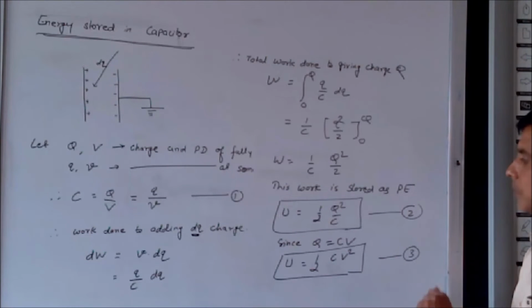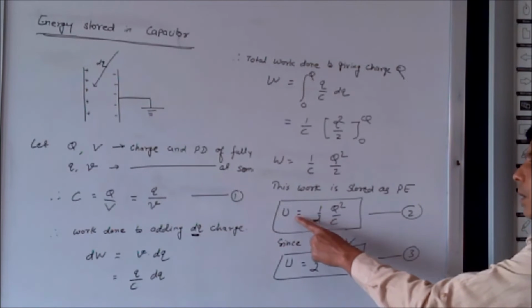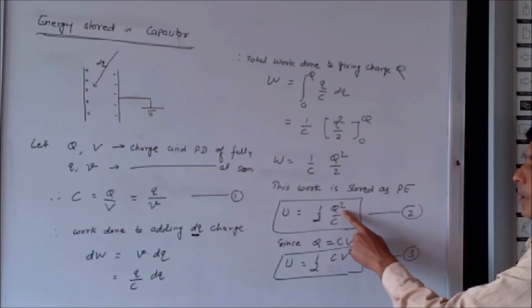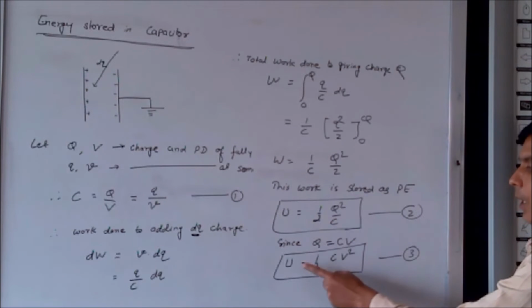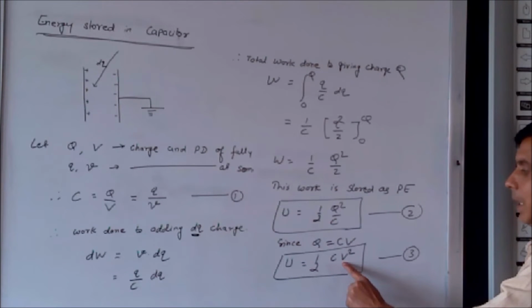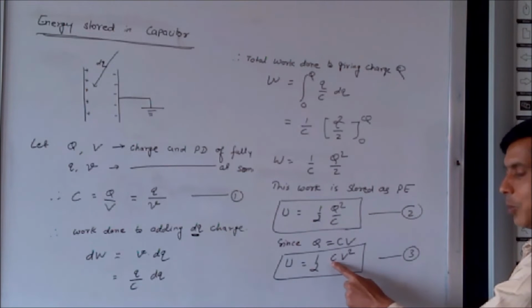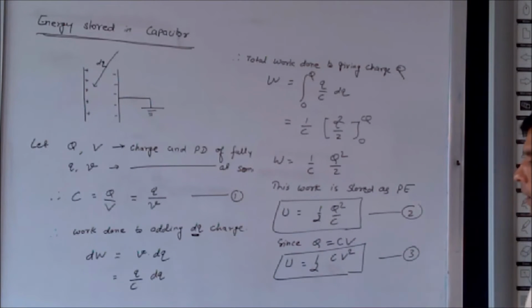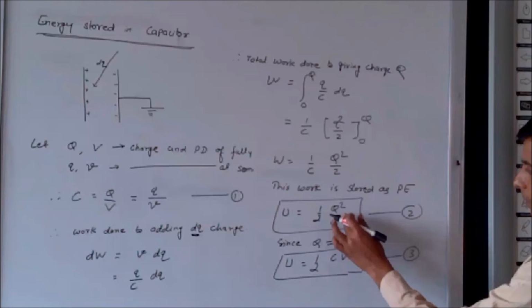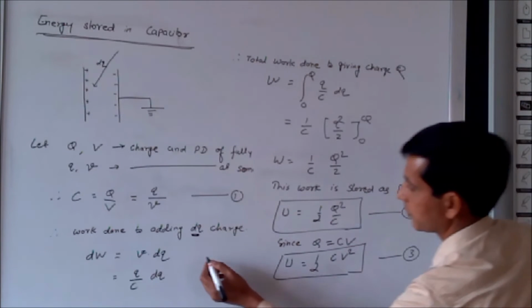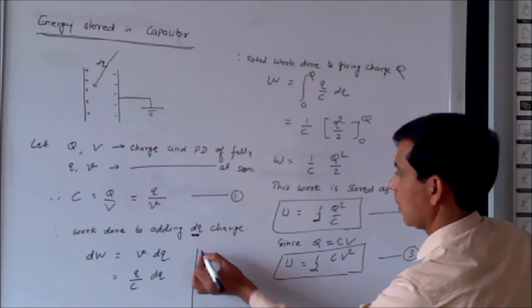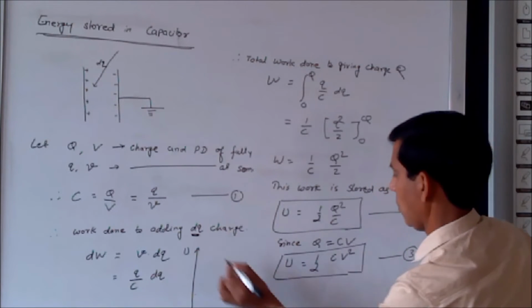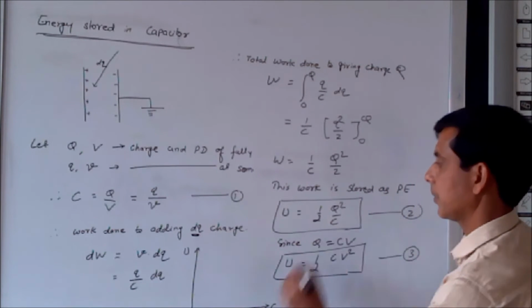But when charge is constant, then U is inversely proportional to C. And when PD is constant, then U is proportional to C. Then the graph in both cases will be energy versus capacitance.